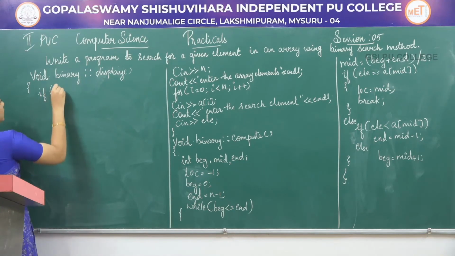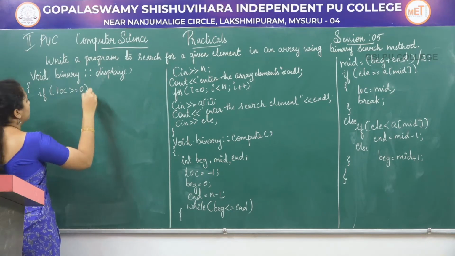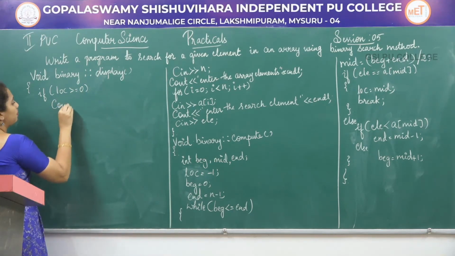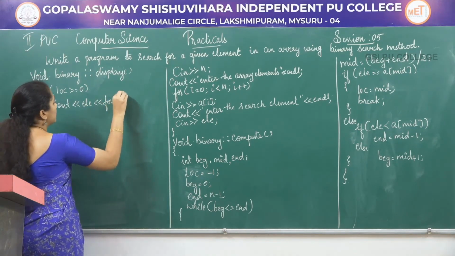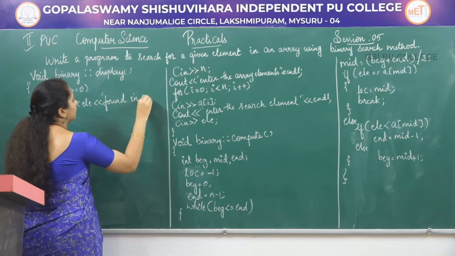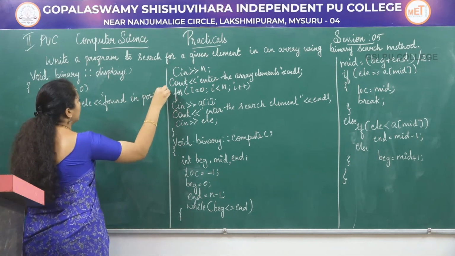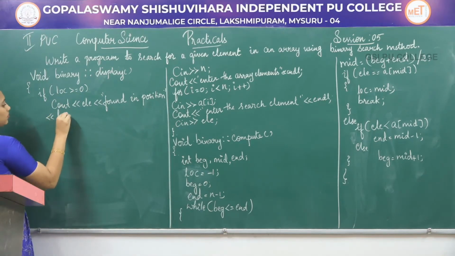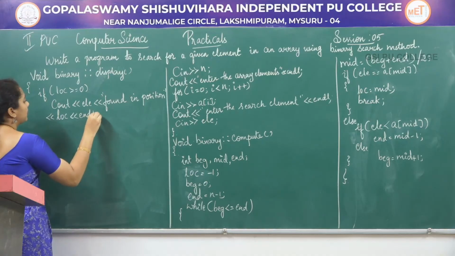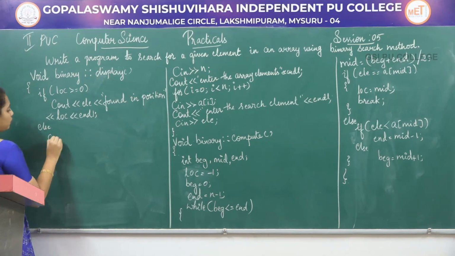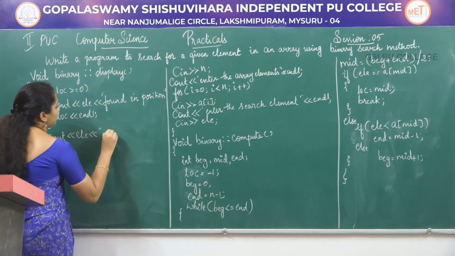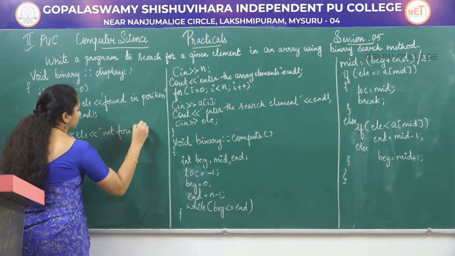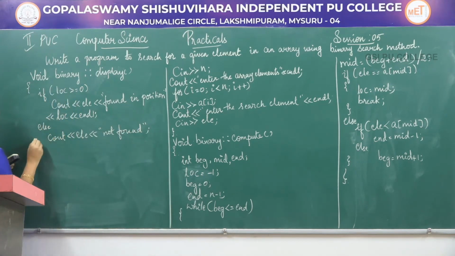So if location is greater than or equal to 0, then we have to print element found in position, and print the location here. Else we have to print element not found. So close this function.